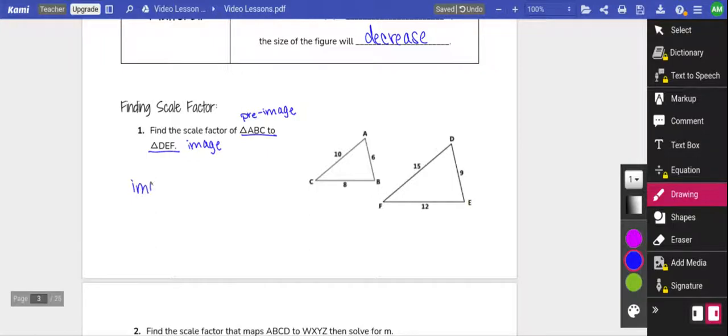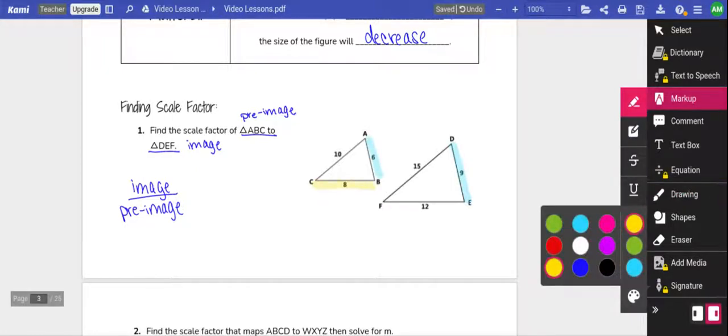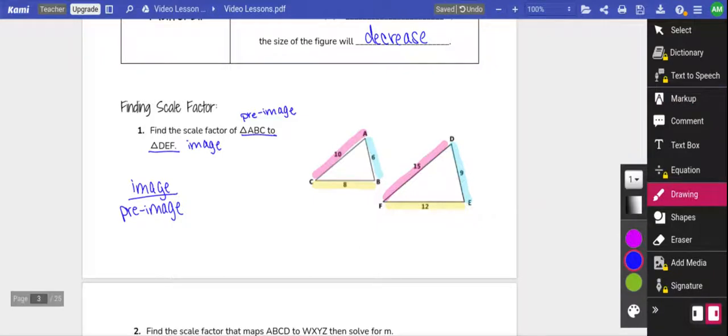So I'm going to use the ratio of my image over my pre-image, and I'm going to pick a pair of corresponding sides. I'm just going to go around and label my corresponding sides. You could, again, pick any of these corresponding sides. You will still get the same scale factor.